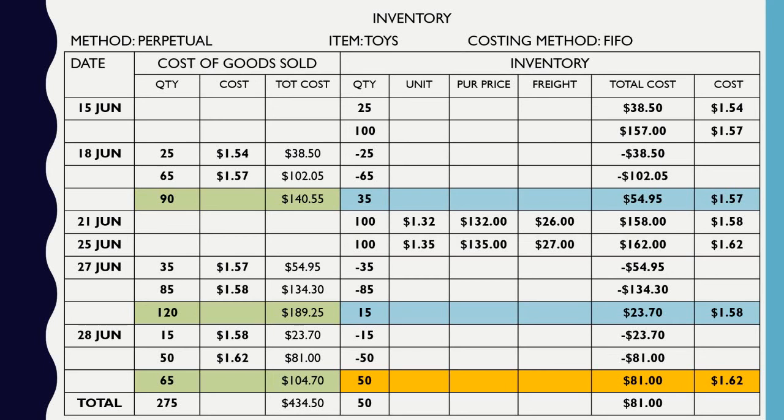Perpetual is the most common tracking method because, if you're constantly selling something, you best keep a good track record of it, because you need to always have inventory in stock to meet the demands of your customers.